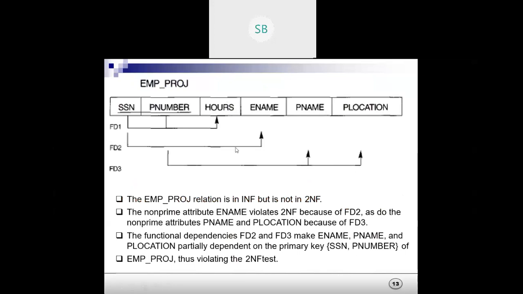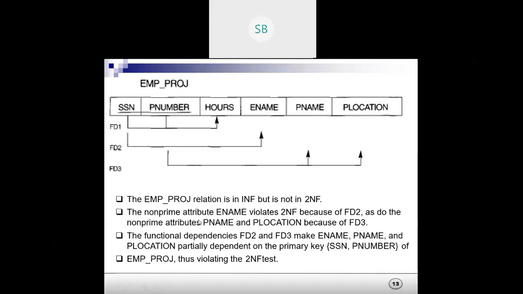Here we have a table like this, employee project. The table is in 1 NF, because we cannot take an unnormalized table; we have to take a normalized one, that is in 1 NF. So the employee project relation is in 1 NF, but it is not in 2 NF.